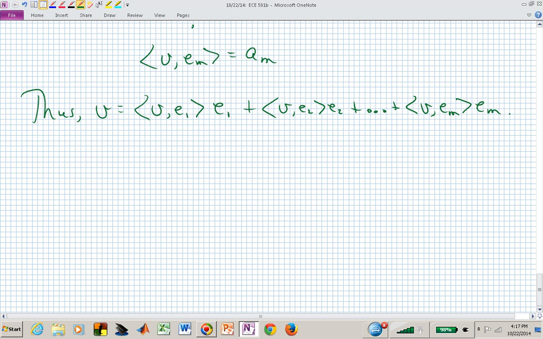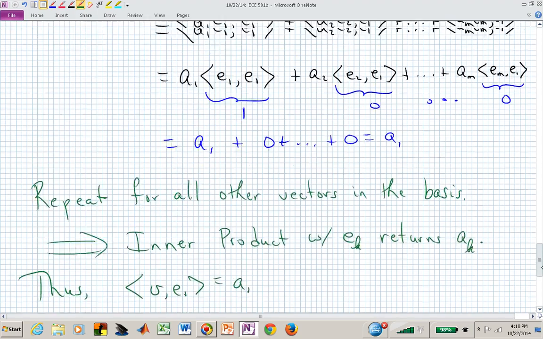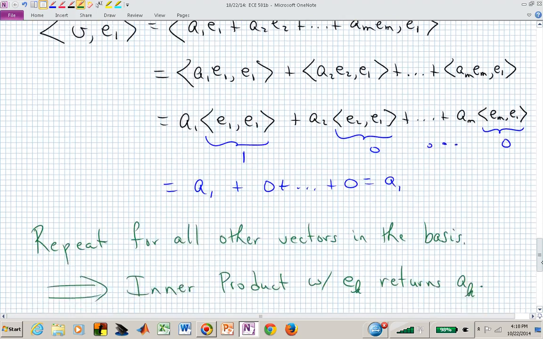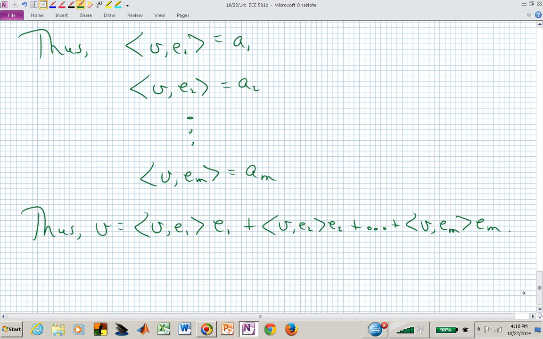Question? So the question was about summation notation, whether you could use it here. You could use it here if you wanted to.